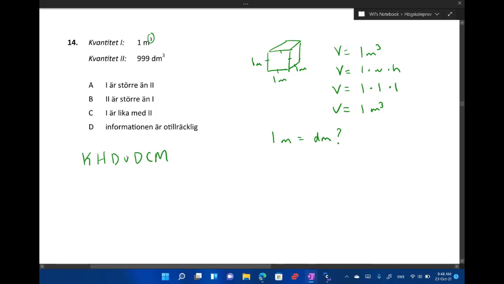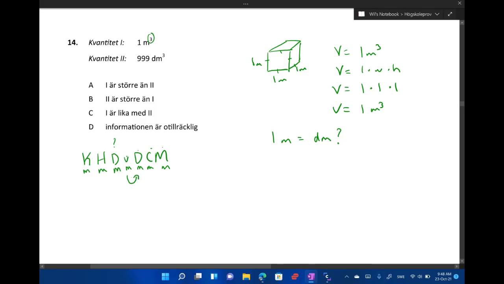Henry doesn't usually drink chocolate milk. K is kilo, say kilometers. H is hecta. D is deca. We don't really use that one very much in Sweden, though. U, that's our unit. We're measuring in meters. Decimeters, centimeters, millimeters. We're going from meters to decimeters.